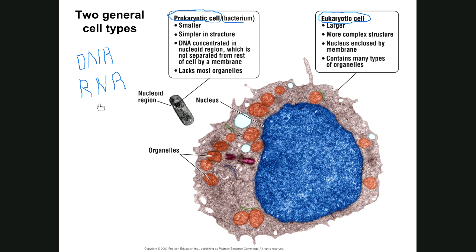Other structures you'll find in common between the two has to do with what we call the cell membrane. They both have a cell membrane. For most eukaryotic living organisms, the outer barrier is a cell membrane that we often describe as a phospholipid bilayer. Prokaryotic living organisms also have a cell membrane, and it is a phospholipid bilayer.